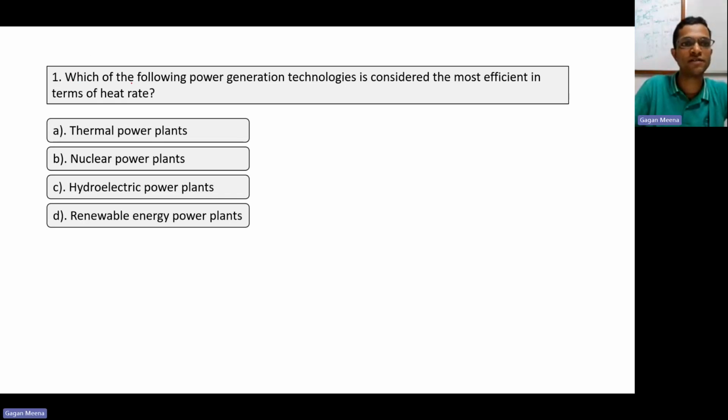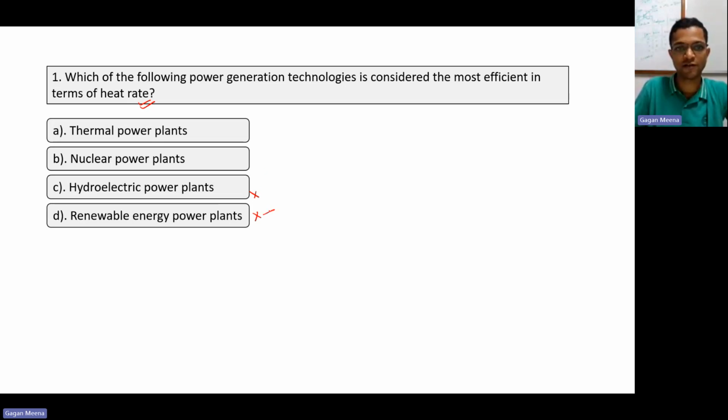The first question is, which of the following power generation technologies is considered the most efficient in terms of heat rate? Which one do you think is the correct answer? If we talk about heat rate, then these two are not even in the picture because they don't have a heat rate.